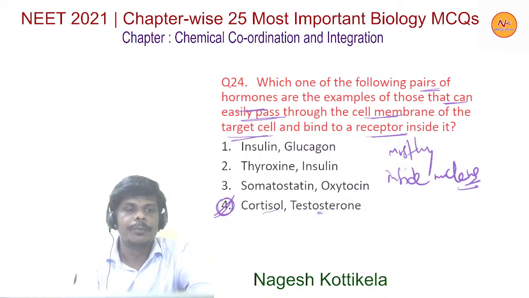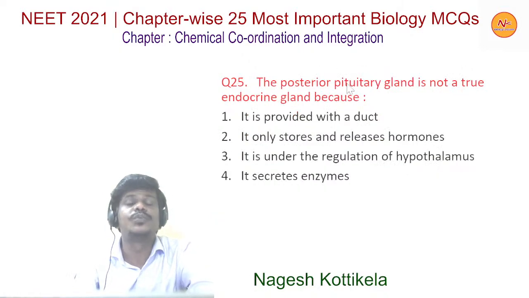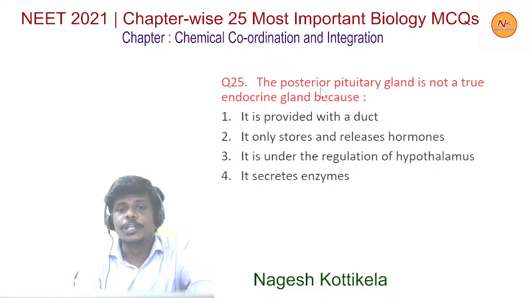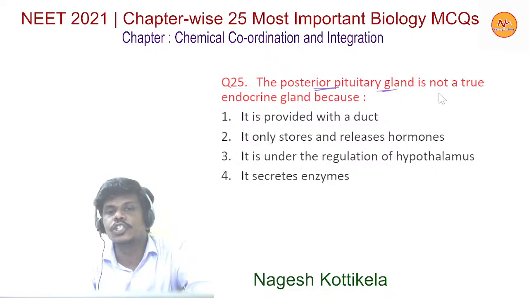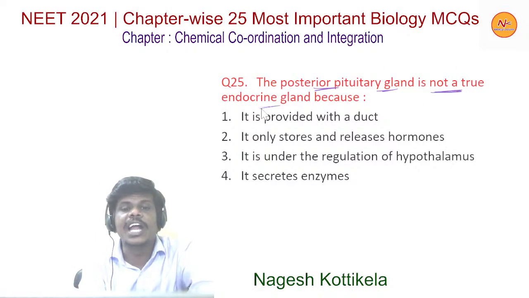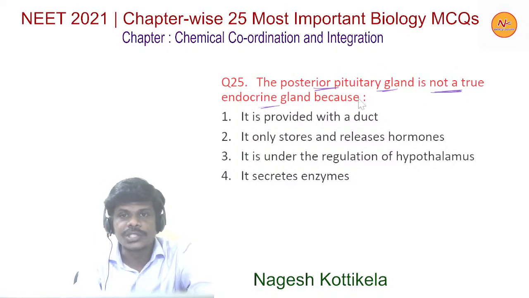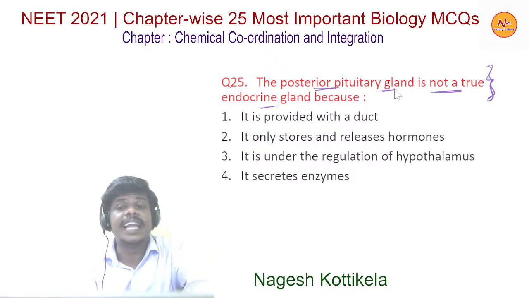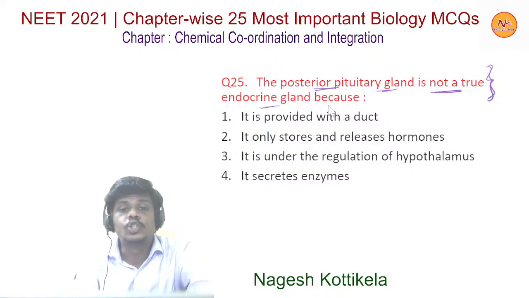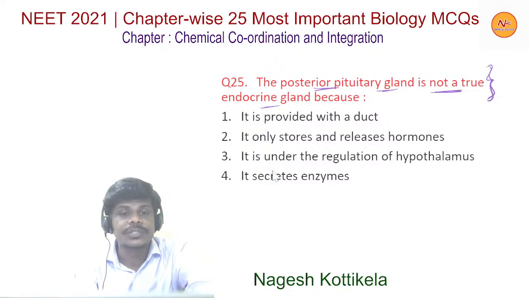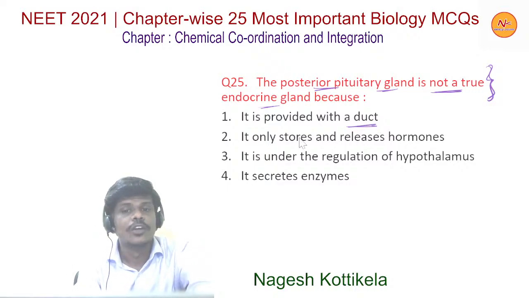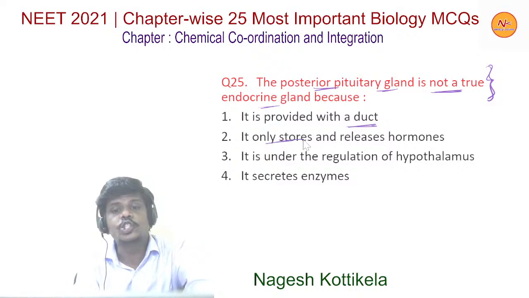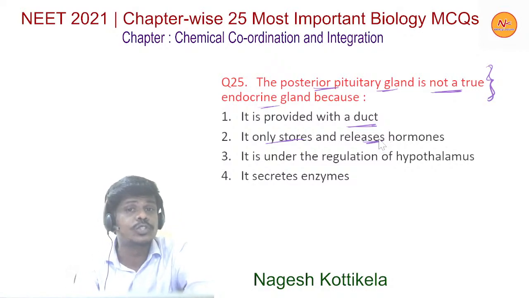Now moving to the next question, that is question number 25, and this is the last question. The posterior pituitary gland is not a true endocrine gland because, I repeat this question once again, the posterior pituitary gland is not a true endocrine gland because option 1, it is provided with a duct. Option 2, it only stores and releases hormones.